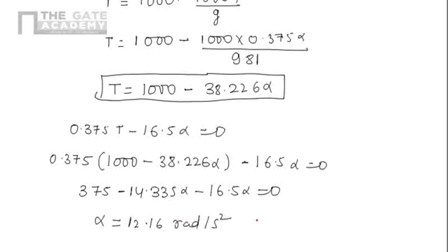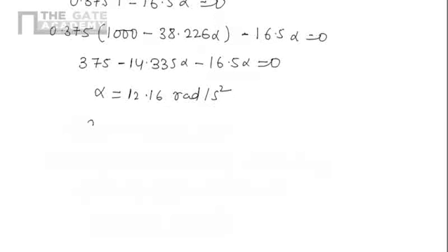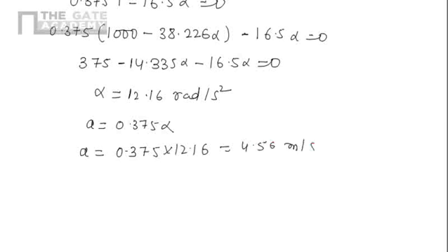And we know a is nothing but 0.375 alpha, so we can get the value of a, the linear acceleration, as 0.375 into 12.16, so we will get 4.56 meter per second squared.